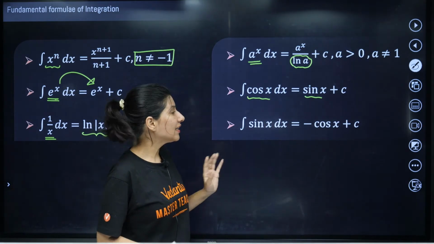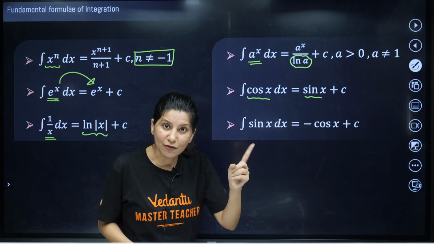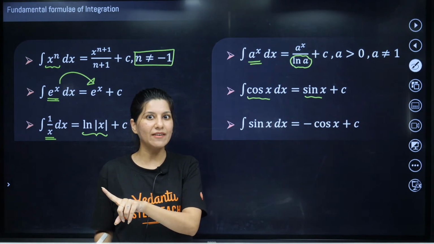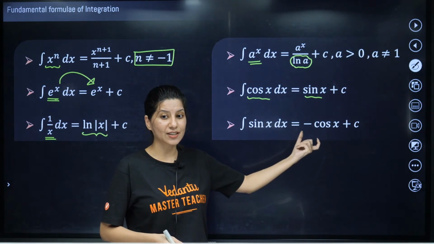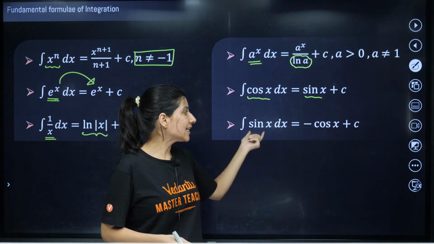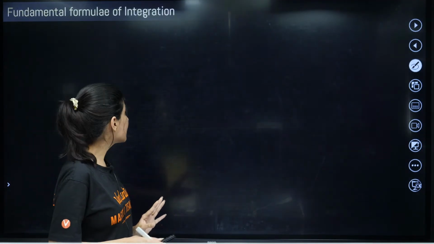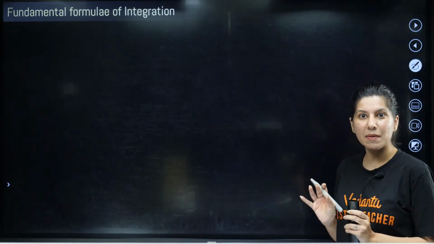In differentiation, the derivative of cos x has a negative sign, but it is a different thing altogether while doing integration. That I will make you understand. Do not worry, we will solve problems, so you will remember all the things.